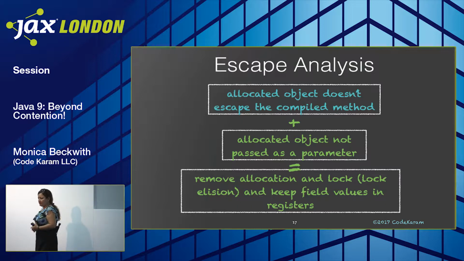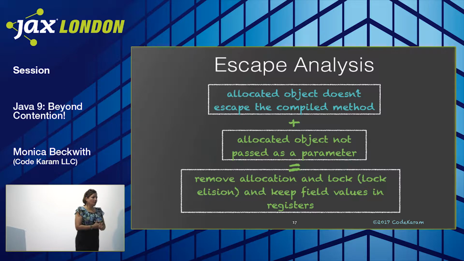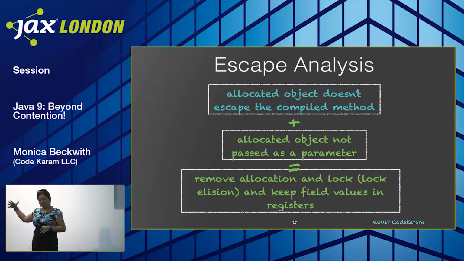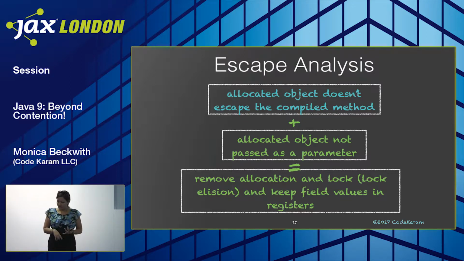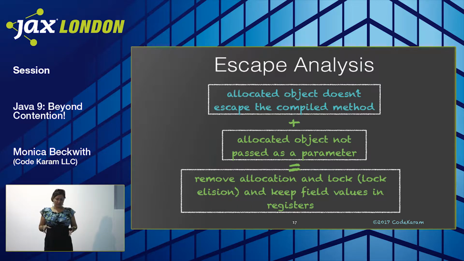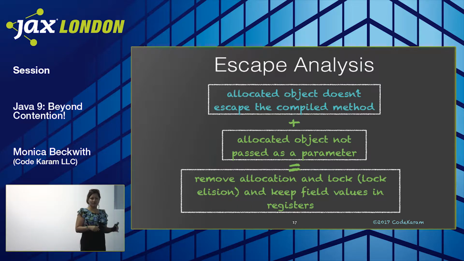I was talking about escape analysis and lock elision, and this is what it is. The way escape analysis works, if you have an allocated object that doesn't escape the compiled method, and the allocated object is not passed as a parameter to something else, then you can remove the allocation and the lock, and you keep the field values in registers. So you don't need to have that allocation. The allocation overhead is gone. It's directly in the registers.